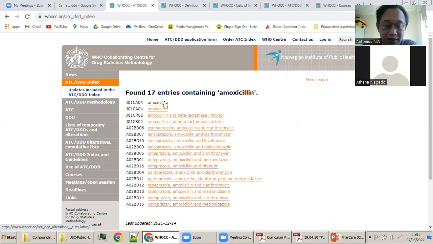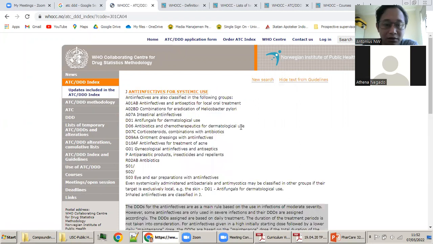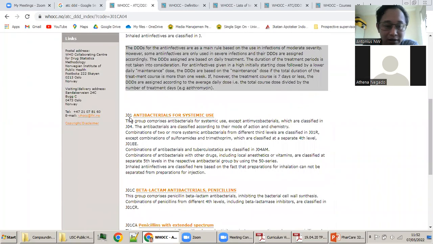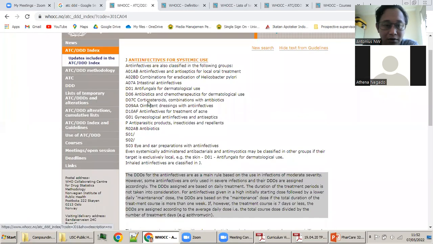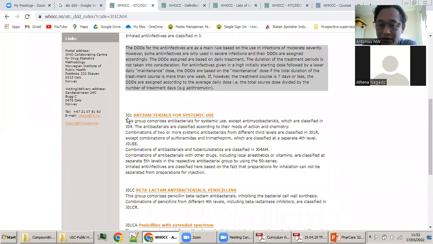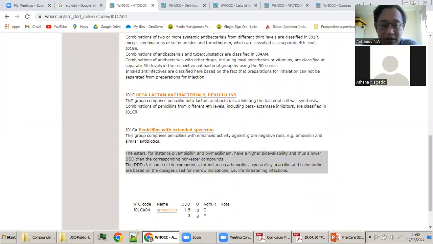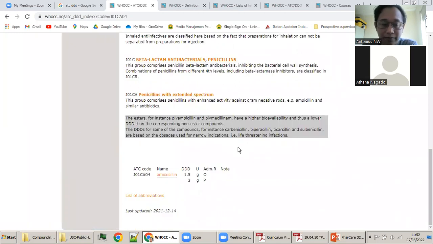So let's see amoxicillin. See here, J is anti-infectives for systemic use. J01 is antibacterials for systemic use. J01C is beta-lactam antibacterials, penicillins, from the family of penicillins. J01CA is penicillins with extended spectrum.